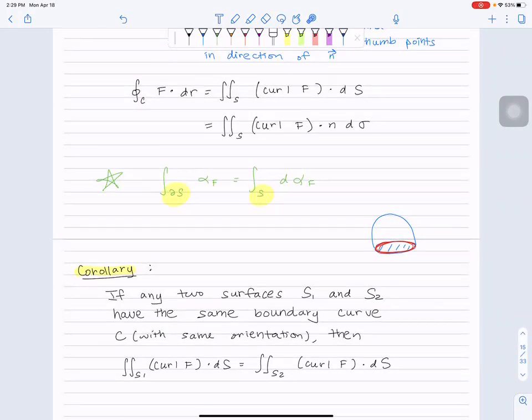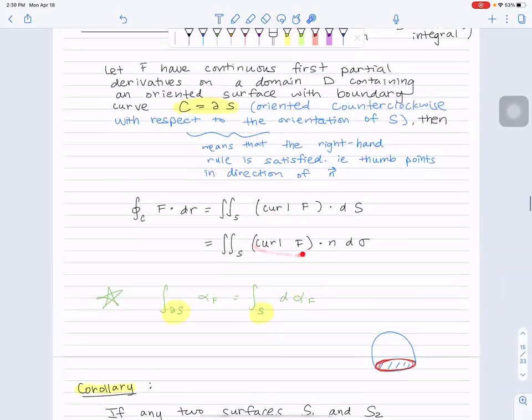Let me see. So Stokes theorem. Flux of the curl.